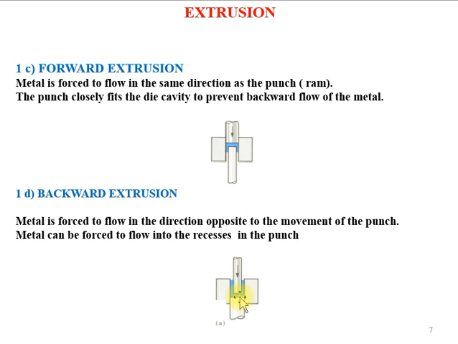So it will flow all over the ram. So in backward extrusion, we apply a load in the vertical direction from top to bottom, and the material is flowing around the ram in the opposite direction. So backward extrusion is similar to indirect extrusion.